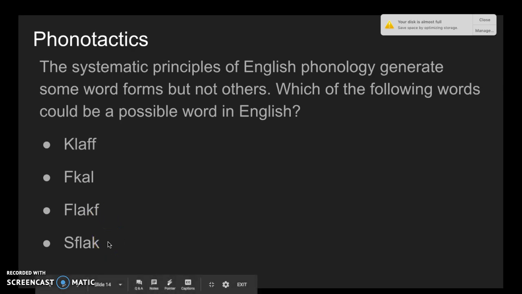It was probably pretty easy, right? The only one that rolls off the tongue and that follows our phonological system is the first one, claff, because this blend is very common in English, whereas these two, and then these three do not go well together in English.